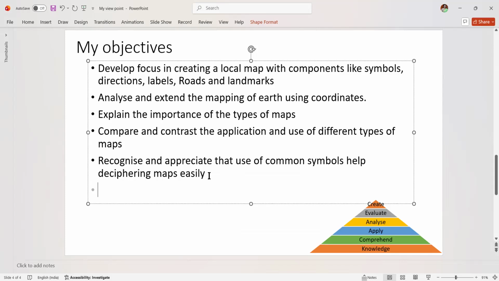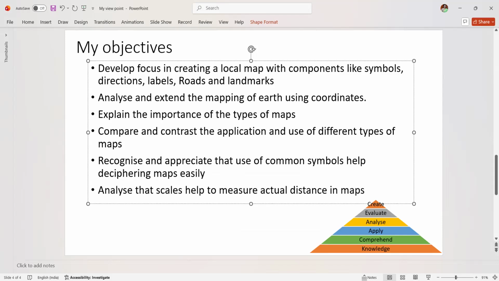So now remember, here they have to evaluate or analyze. So it is going on the higher level in the Bloom's taxonomy. Okay. Analyze that scales help to measure actual distances in maps.